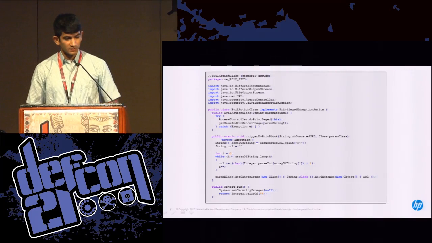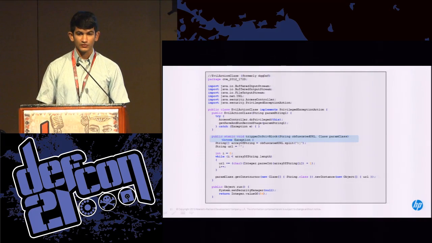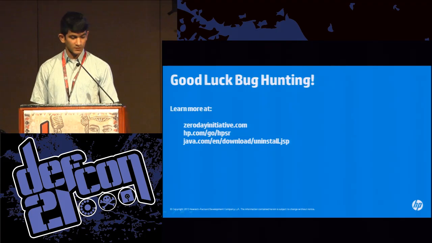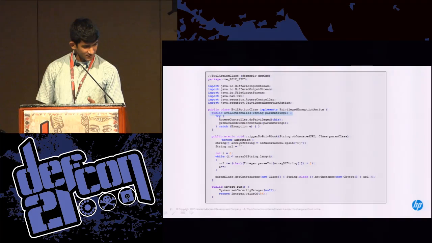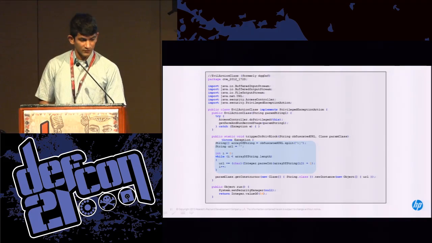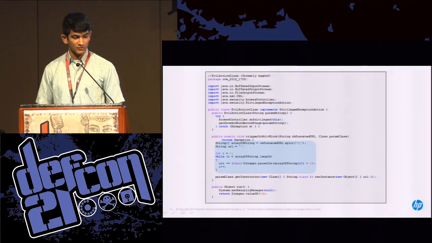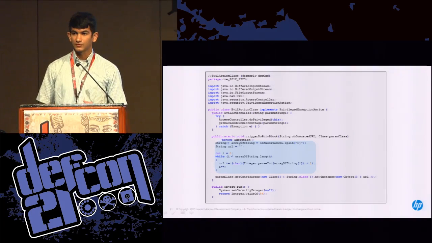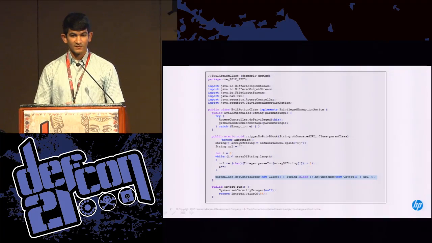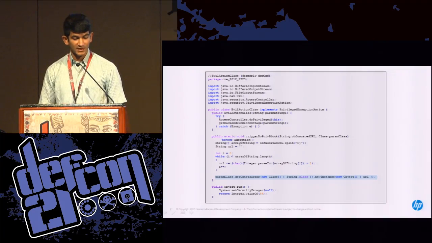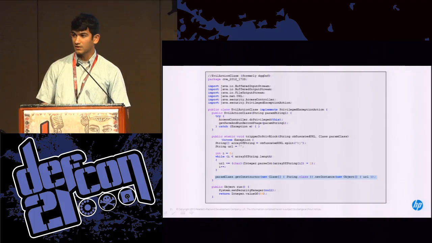Within the malicious class, we start off in the triggerDoPriv block method. Sorry about that. Alright, so we first take our string and we split it by the characters H and J. Then we turn that into another string that we pass later on. We then get access to the given class's constructor and instantiate it and pass it the string that we just created.